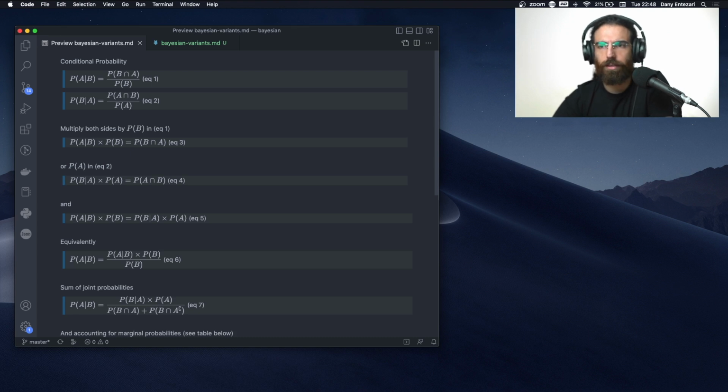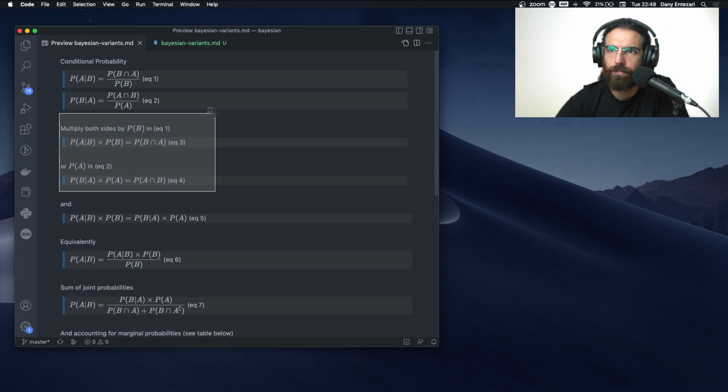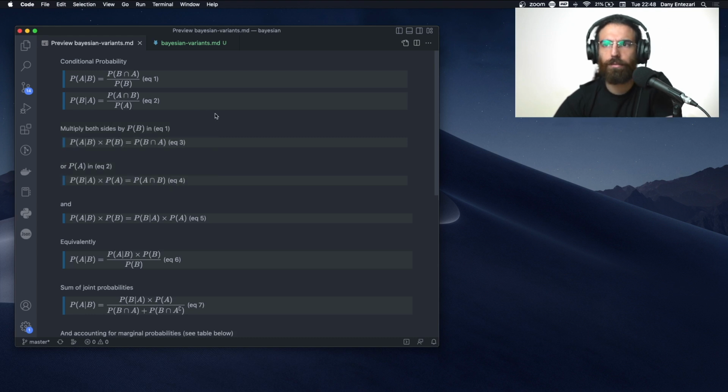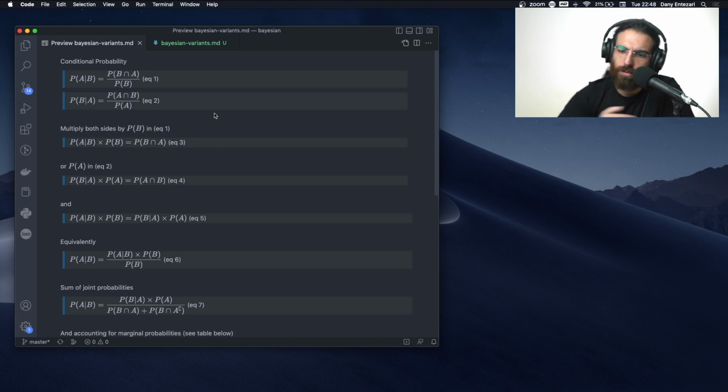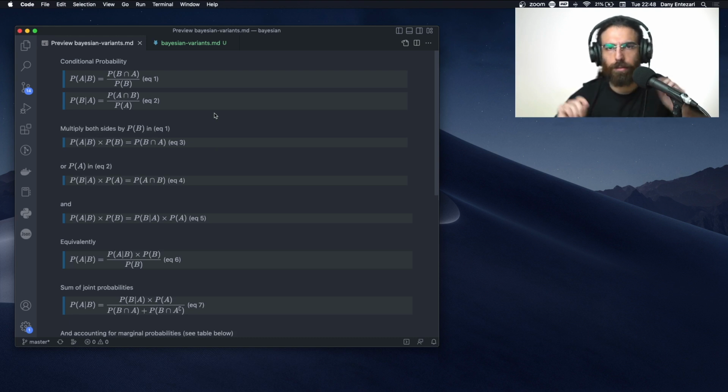Now please pay close attention to these two equations, equations 3 and 4. It might be a good idea for you to pause here and then go back to the start of the video and make sure you've seen what we've done so far. All we've done is multiply both sides of the equation with the marginal probability to move it from the denominator to the left.